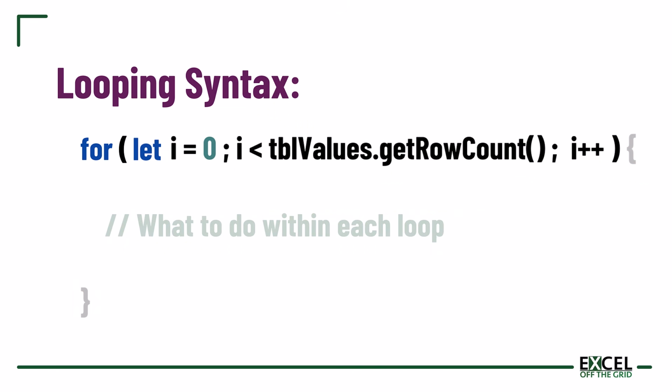That means that if we have 5 rows in our table, the loop will run 5 times. The first time, the variable will have a value of 0, then it increases to 1, then 2, then 3, and then 4. In our syntax, after the closing bracket, we add curly brackets. And in there, we declare what we want to do for each loop.